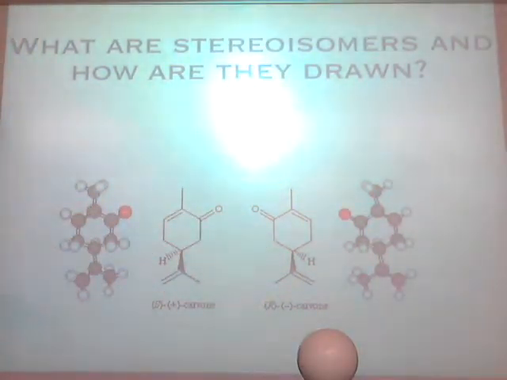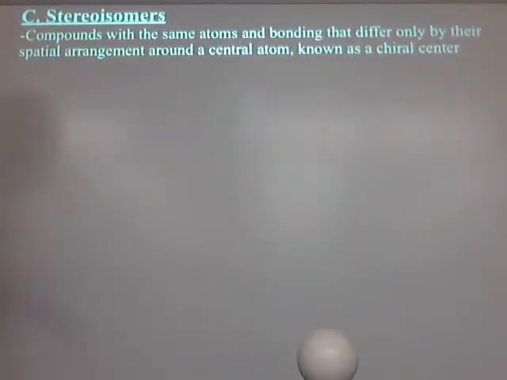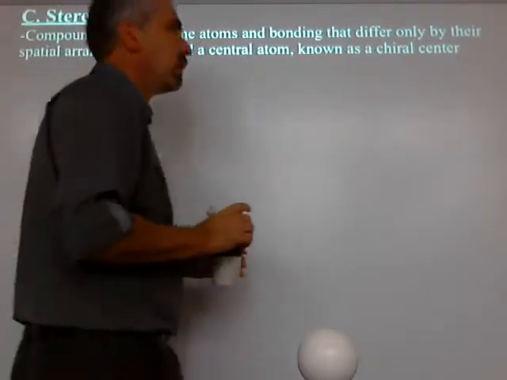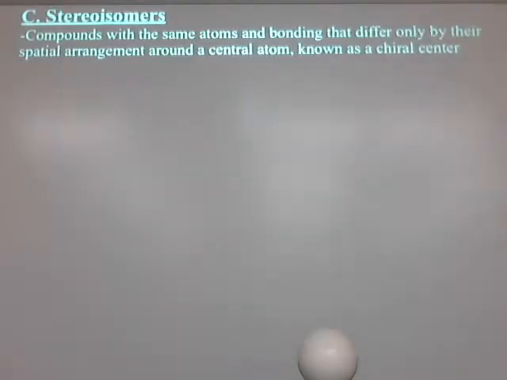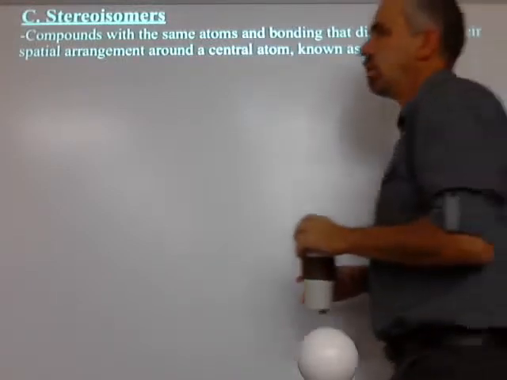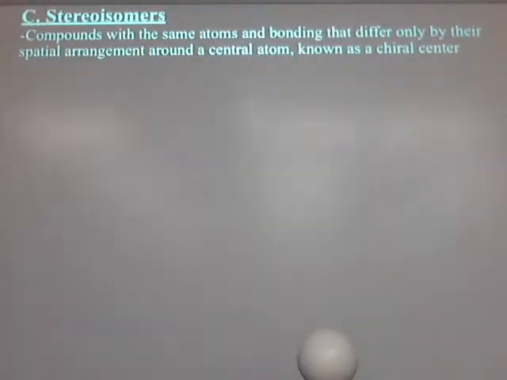They're called stereoisomers: compounds with the same atoms and bonding that differ only by their spatial arrangement around a central atom. That central atom is known as a chiral center.